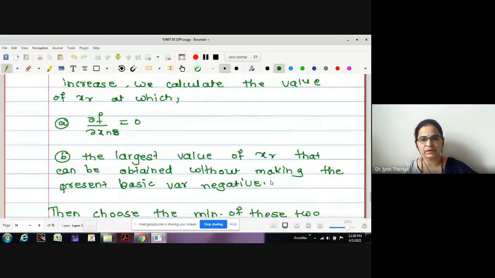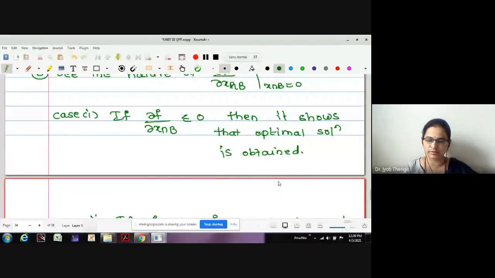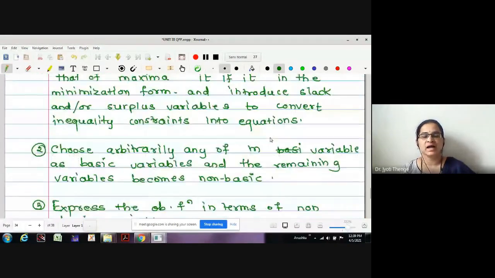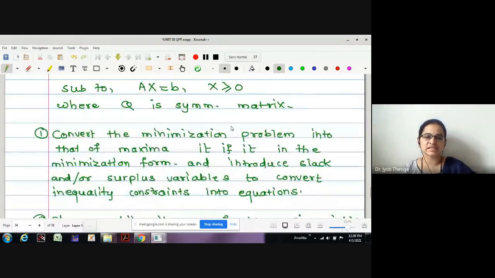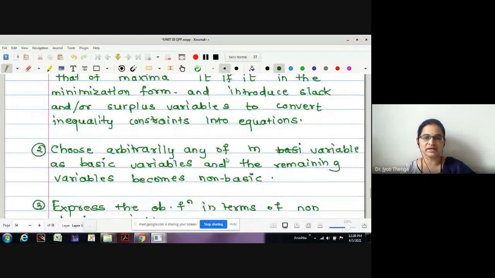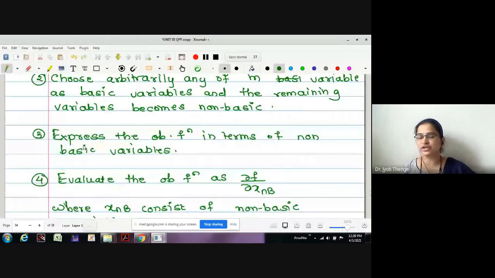Once we take an example, we will get the idea to be easy. So let's go for an example. There is no issue with the algorithm. As I told you, it is a very simple trick. First, we write the maximization problem with constraint equalities, then select any m basic variables, and write the objective function in terms of non-basic variables.